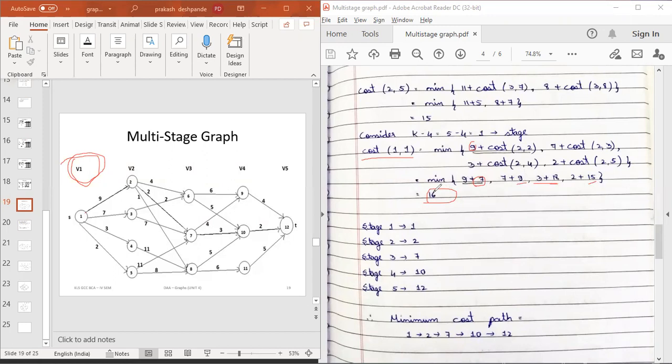Now, what are the stages? Let us find out the vertices which we have selected between the stages. Stage 1, the vertex is 1, means this particular vertex I will choose first because this is my source. Then stage 2, the vertex 2 I will select.